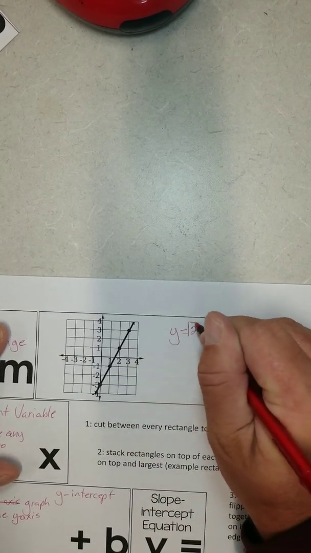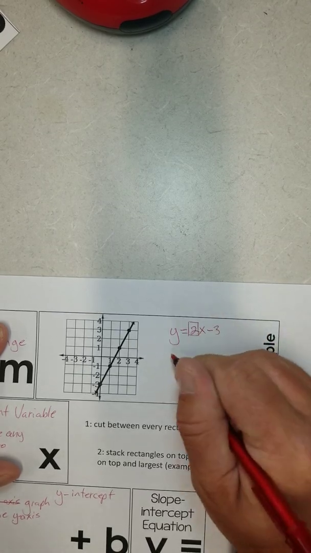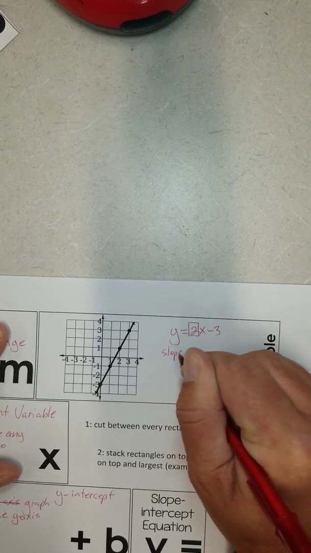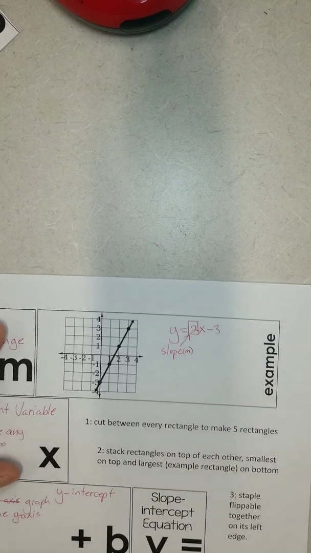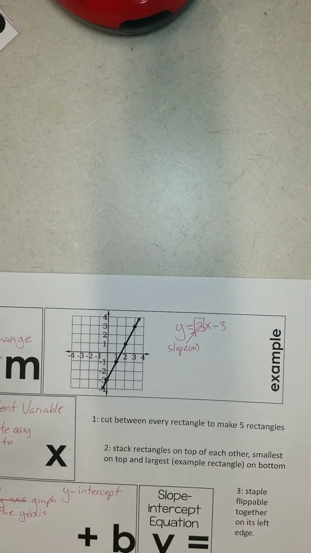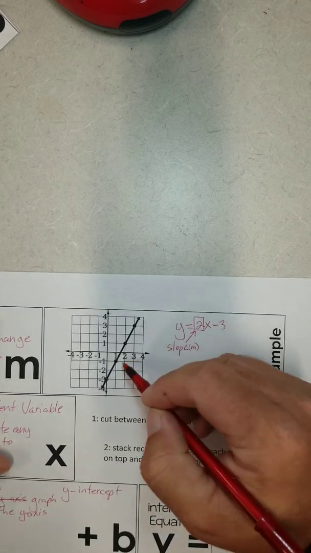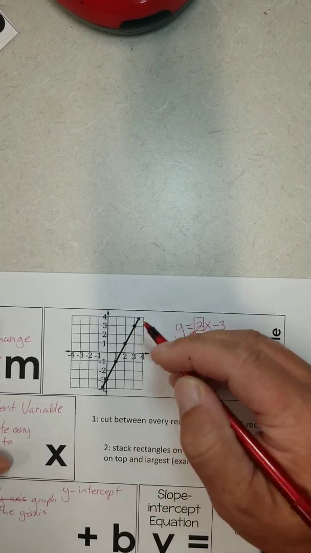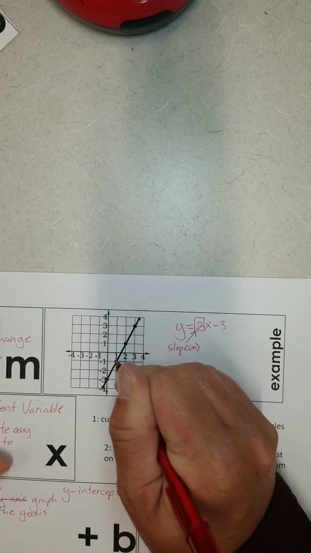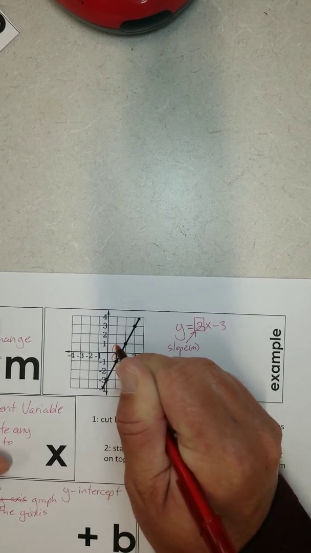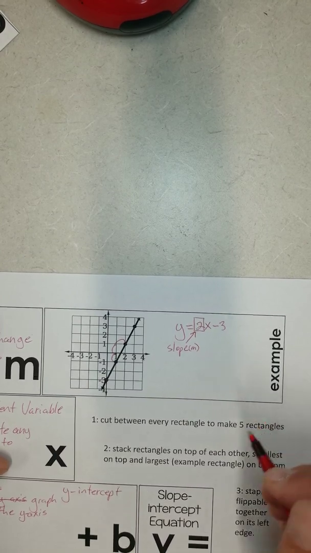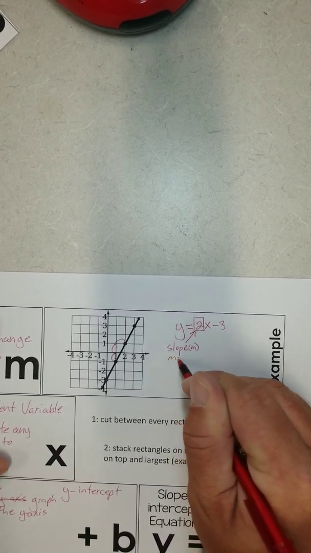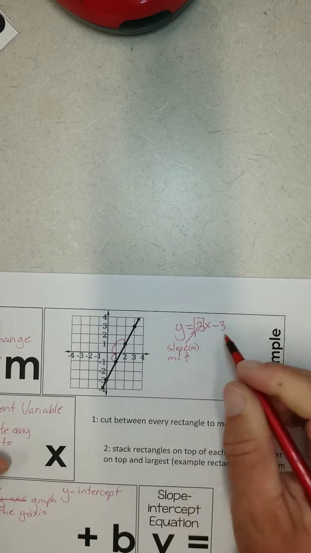The slope, M: from any perfect point on that line, if we rise 2 and run 1, the slope M equals 2 over 1, which equals 2.